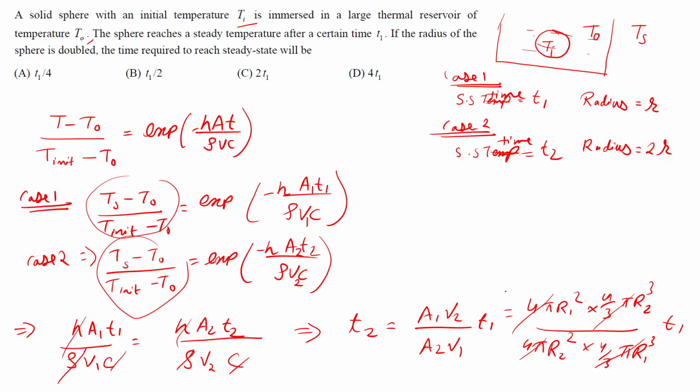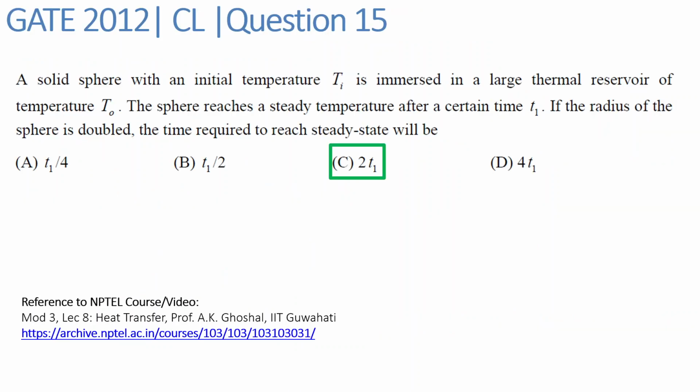So T2 is equal to R2 upon R1 into T1. And we have been given in the second case the radius is doubled. That is, T2 will become twice of T1. So our final answer is, if the radius of the sphere is doubled, then the time taken to reach the steady state will also be doubled. So from the given options, we will select option C as the correct answer.